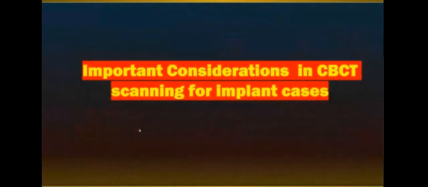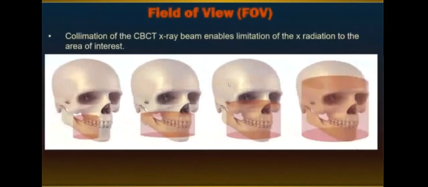There are some important considerations during CBCT scanning. The first point to be considered is the field of view to be used during scanning of the patient. There are many fields of view to choose from. What raises or drops the price of any CBCT machine is the field of view.